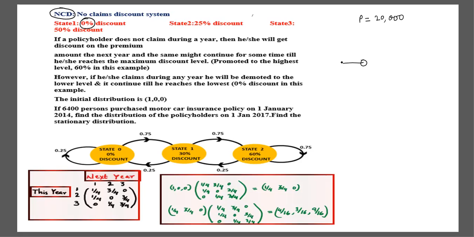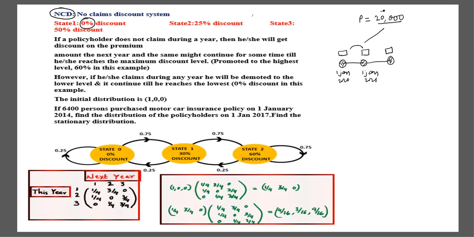Suppose you purchase on 1 January 2020, up to 1 Jan 2021, this 20,000 premium will work, for 1 year. How about at the start of the next year, when you have to pay another premium?